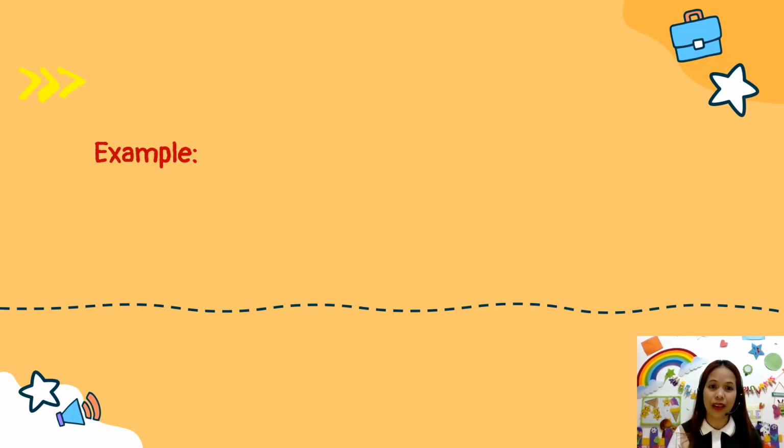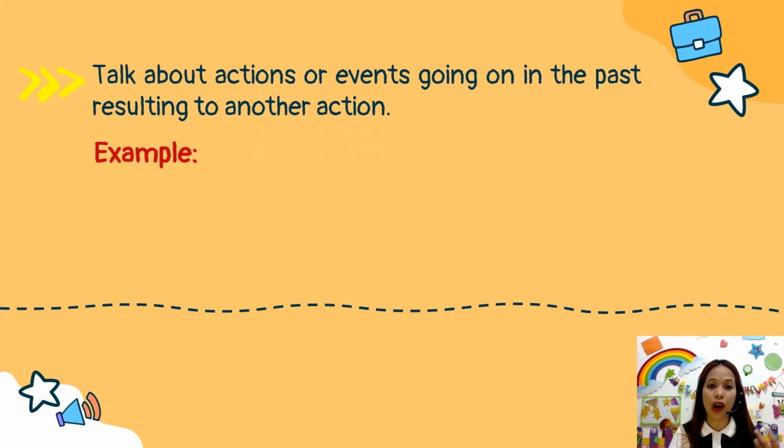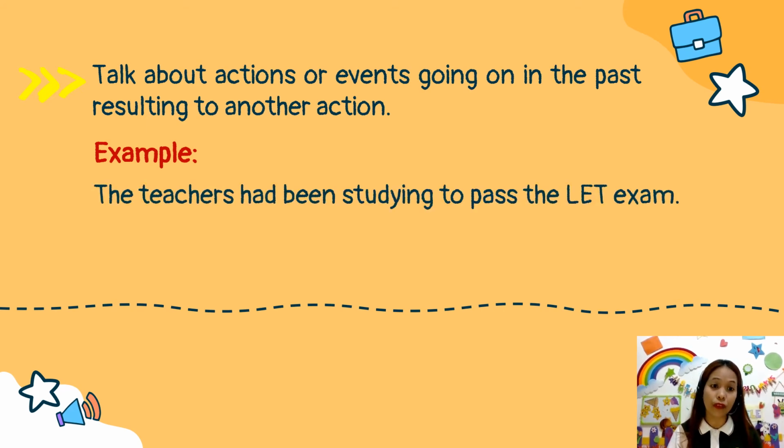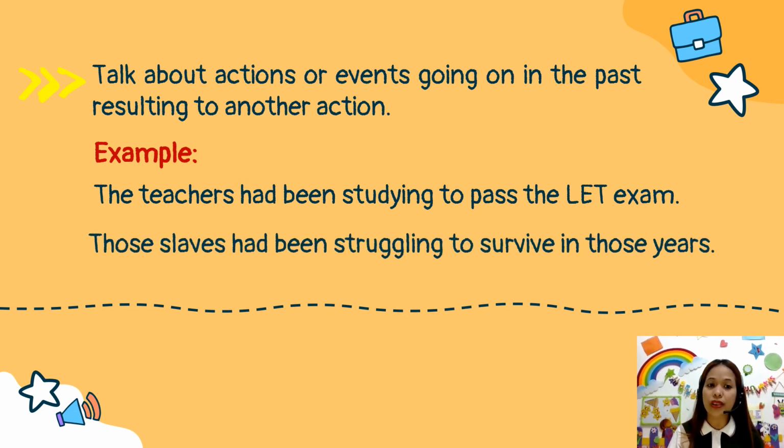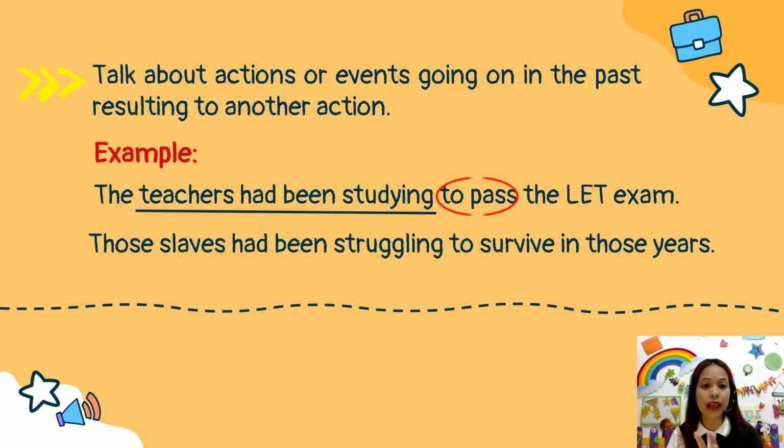Okay, so first we talk about actions or events going into the past resulting in other actions. For example, the teachers had been studying to pass the LET exam. Those slaves had been struggling to survive in those years. So, teachers had been studying is the first action.